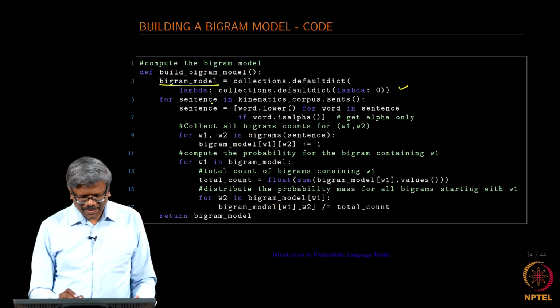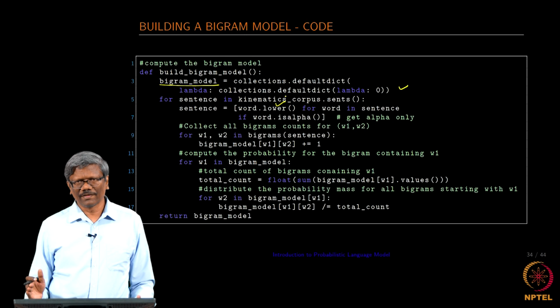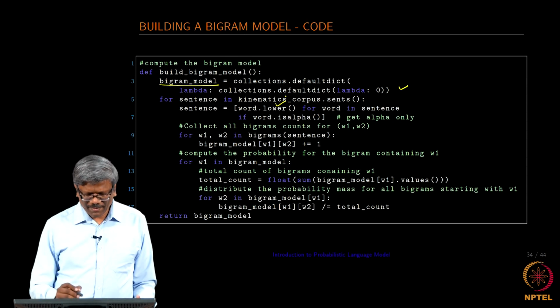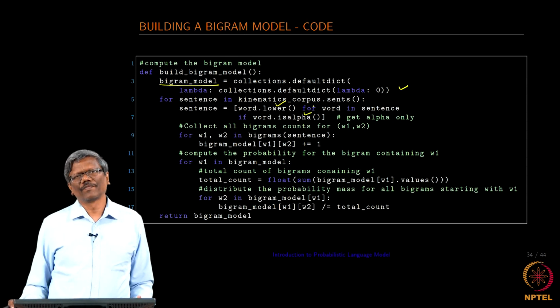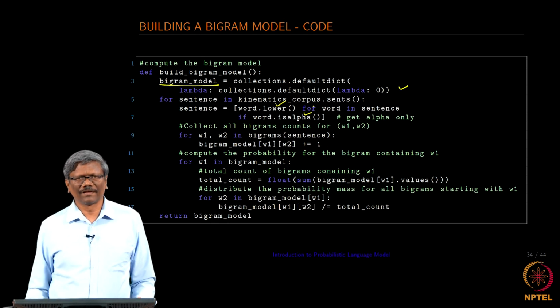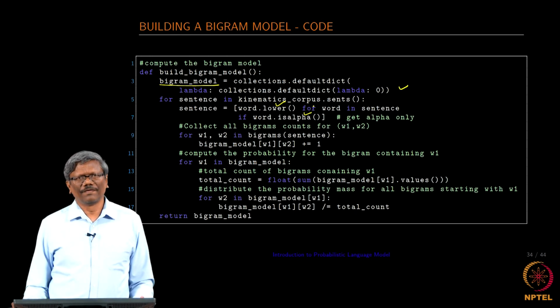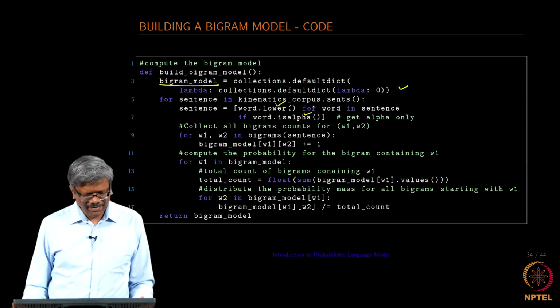I am tokenizing it, converting it into small letters, and only picking up the alphabetic words. I am not considering any numerical or alphanumerical tokens, only words that you find in the dictionary.